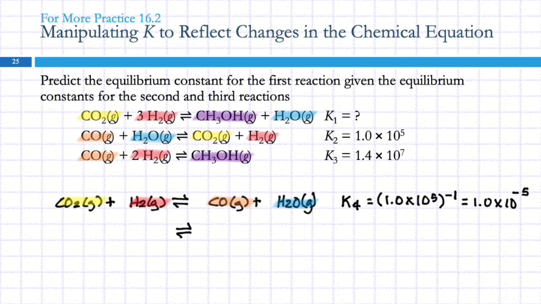Okay, so we're going to take that bottom one and just copy it down. I put my arrows in first because it's so much easier if your arrows are lined up. And then over here, I've got CH3OH.